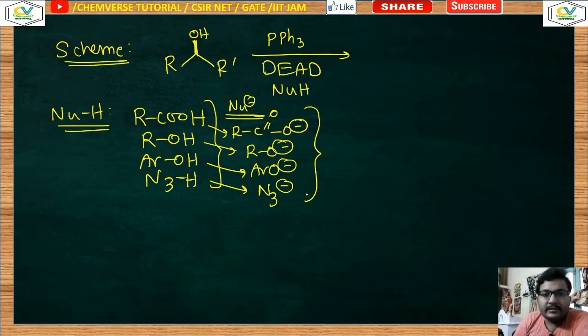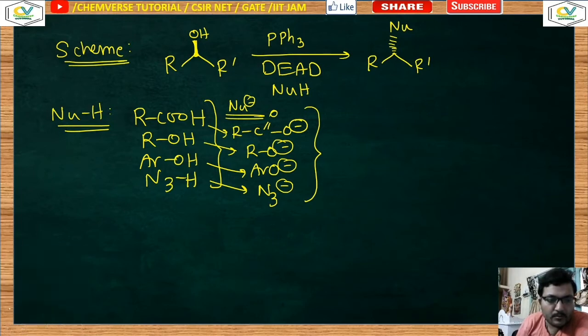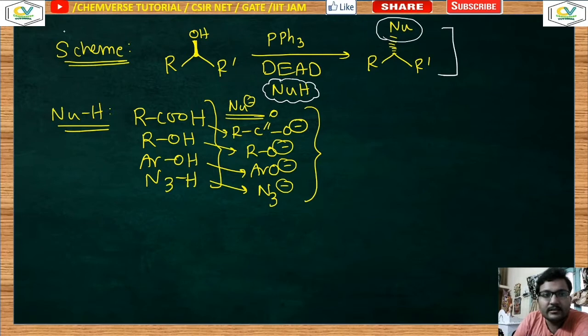Now what will happen in this case? The product will look like this. At the center where the alcohol was present, the stereochemistry is now reversed. The nucleophile is now in the below position, and whatever nucleophile you use here will be reflected in the product.